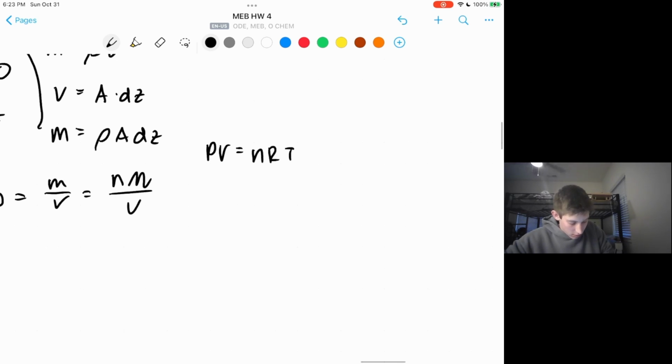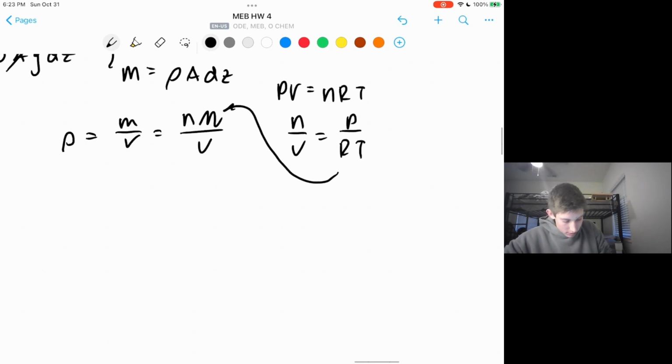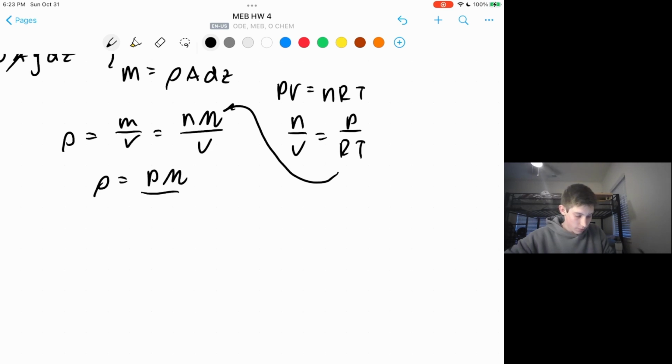So n over V is just pressure over RT. So we get that density equals P times the molecular weight over the gas constant R times temperature.